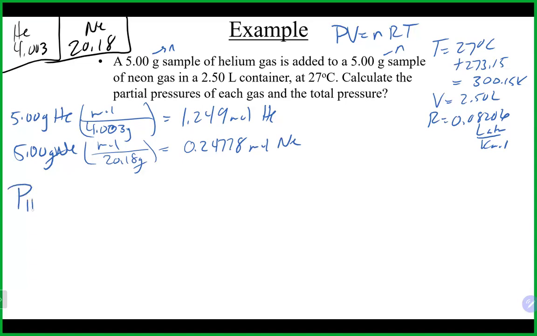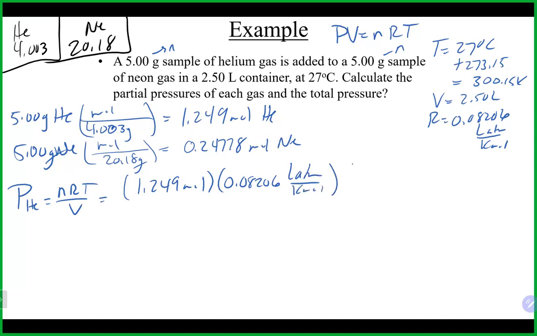So to find the partial pressures, all we have to do is individually calculate it here. P for helium would be nRT divided by V. So put in our numbers: 1.249 moles, 0.08206 liters atmosphere per Kelvin mole, 300.15 Kelvin, all divided by our volume of 2.50 liters.